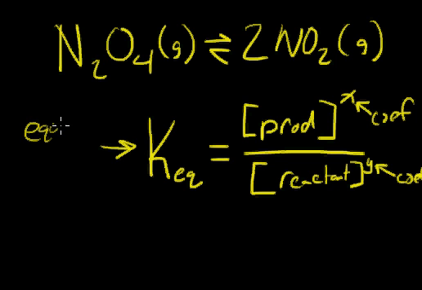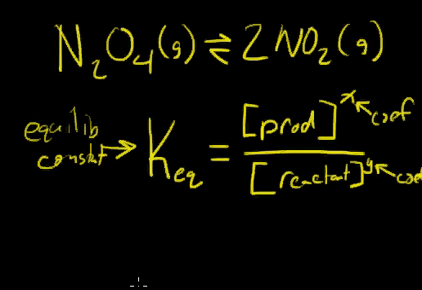And so this is called the equilibrium constant, which is always equal to the products raised to the power of their coefficients divided by the reactants raised to the power of their coefficients.